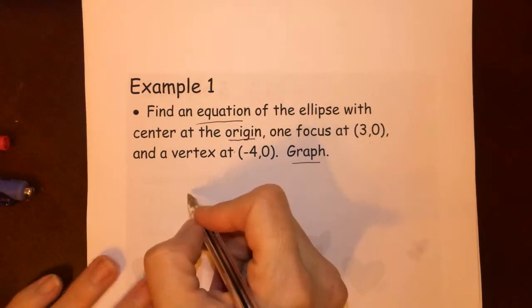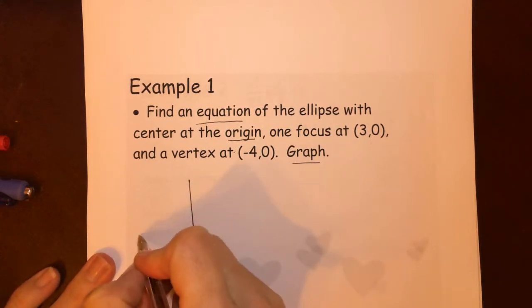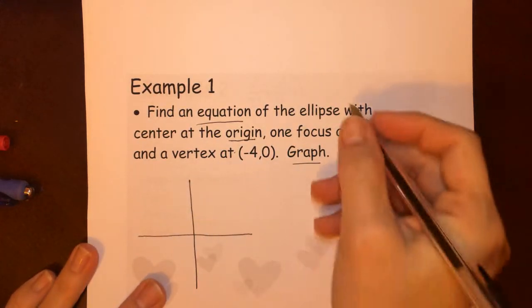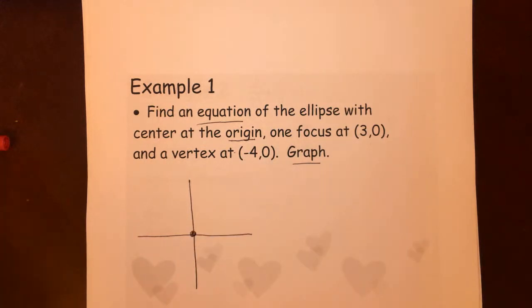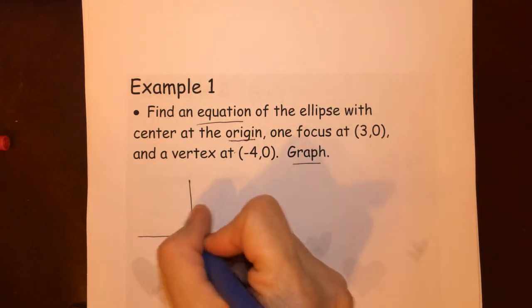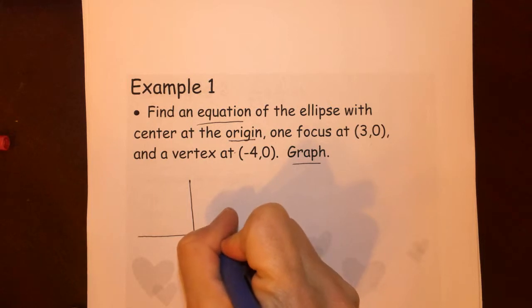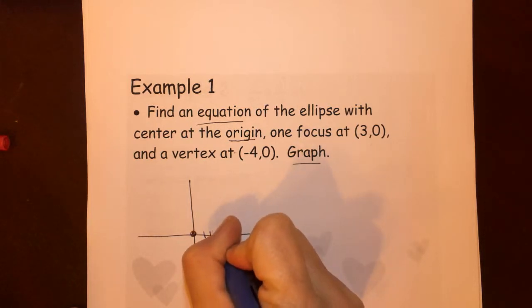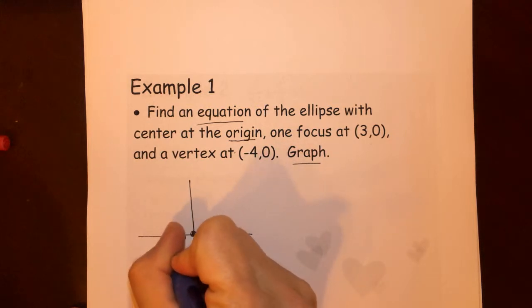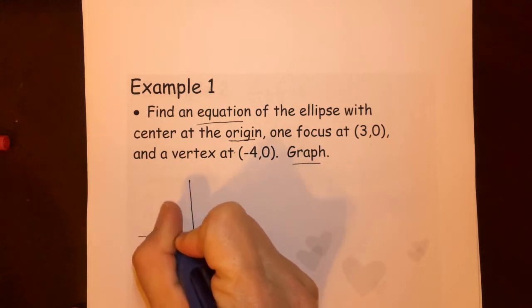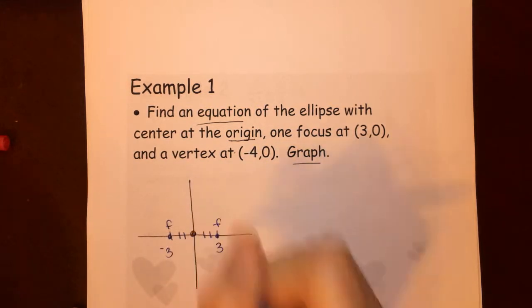So just like the parabola, I like to graph them first. They said we had a center at the origin. They said I had a focus at (3, 0). If I have a focus at (3, 0), I have another focus at (-3, 0). So there's a focus, there's a focus.